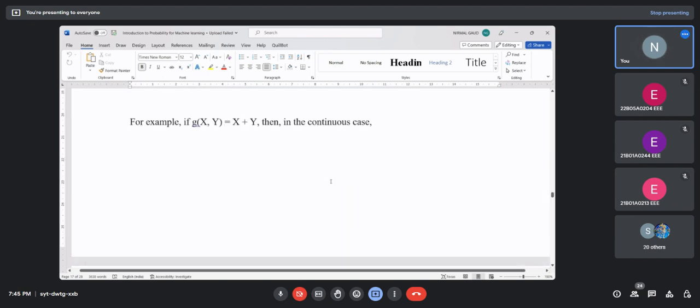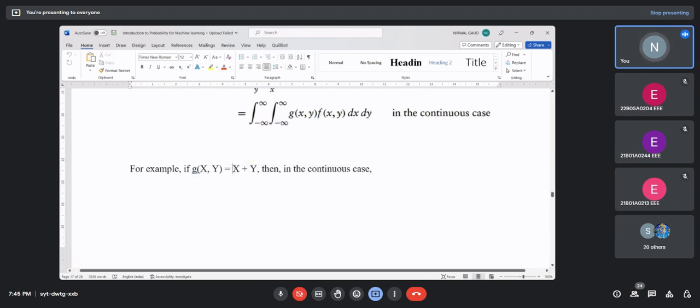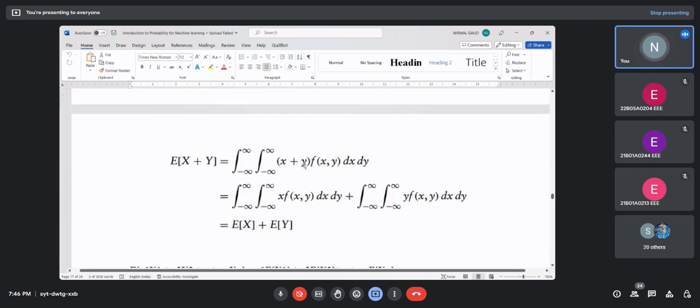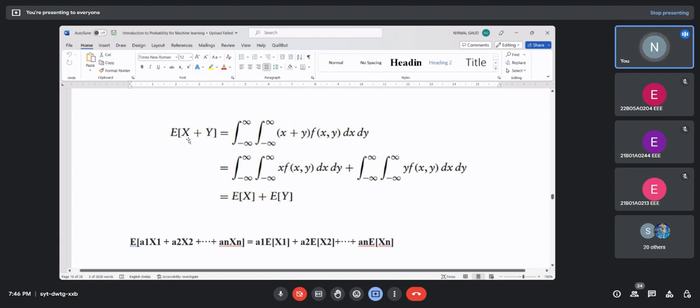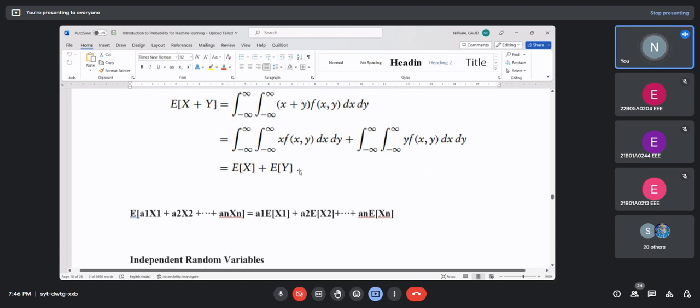If I have a function g of xy given in the continuous case, for example g is x plus y, I can put x plus y f of xy dx dy. It will get distributed, and the result is ex plus ey. So e of x plus y is equal to ex plus ey. It's a general term to remember.